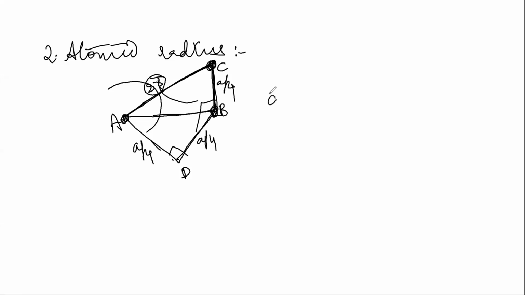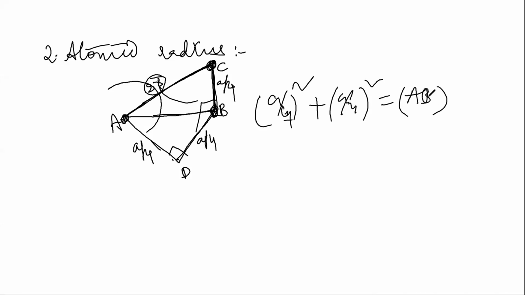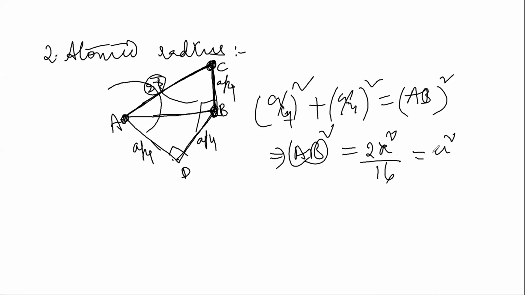Now what I'll have? a by 4 whole square plus a by 4 whole square is equal to AB whole square. So AB whole square is equal to 2a square by 16, that is a square by 8.